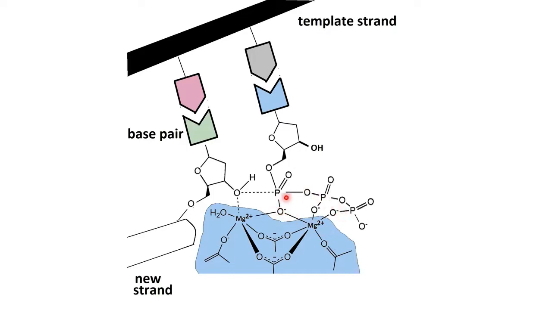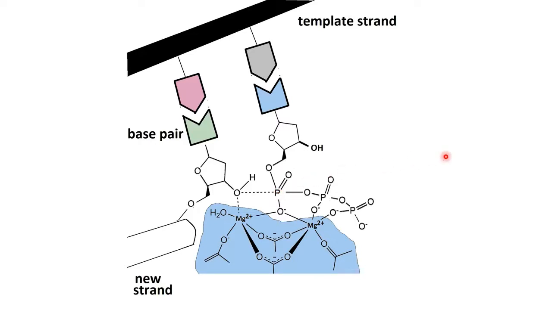So they lock that whole triphosphate group in place, but crucially, they also lock this oxygen from the DNA strand that we're trying to extend in close proximity. Because this assembly is interacting both with this oxygen and with this phosphorus, it locks them into striking distance of one another so that the reaction can take place.